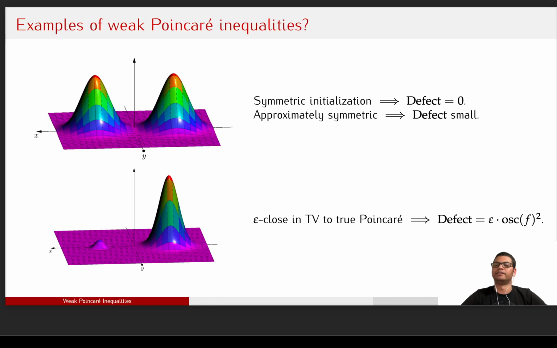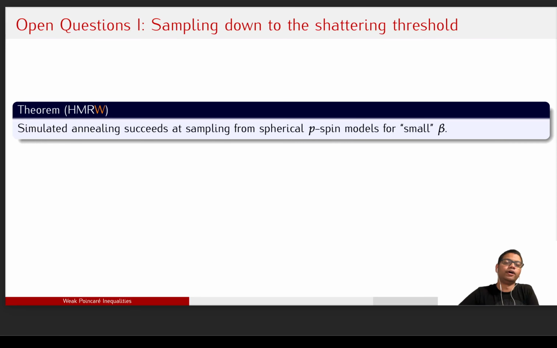And that's it for the technical portion. I want to end this talk by telling you all a couple of open questions. So recall that we were able to show that simulated annealing successfully samples from these p-spin models up to some threshold that is between the worst case threshold and the shattering threshold.